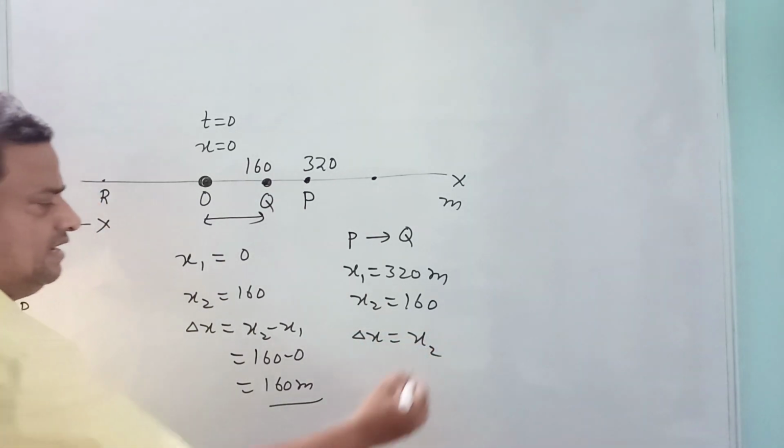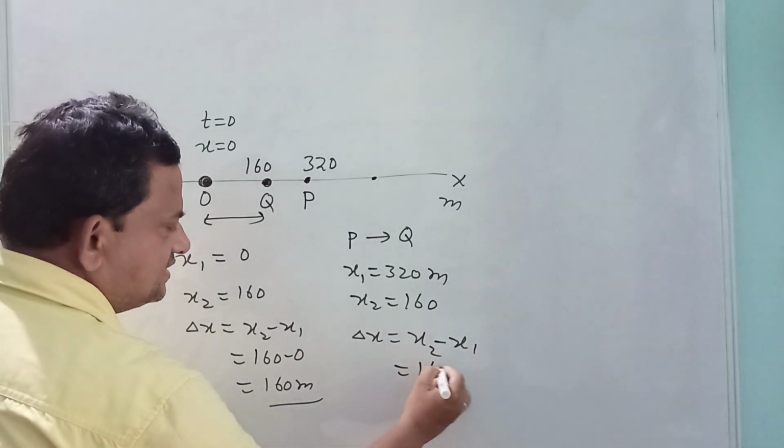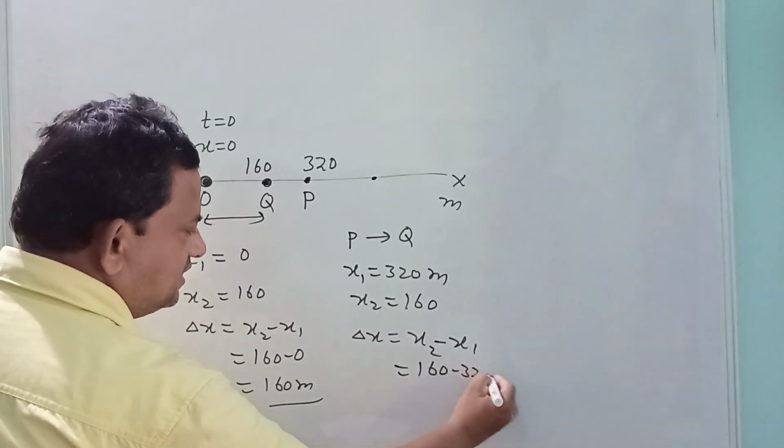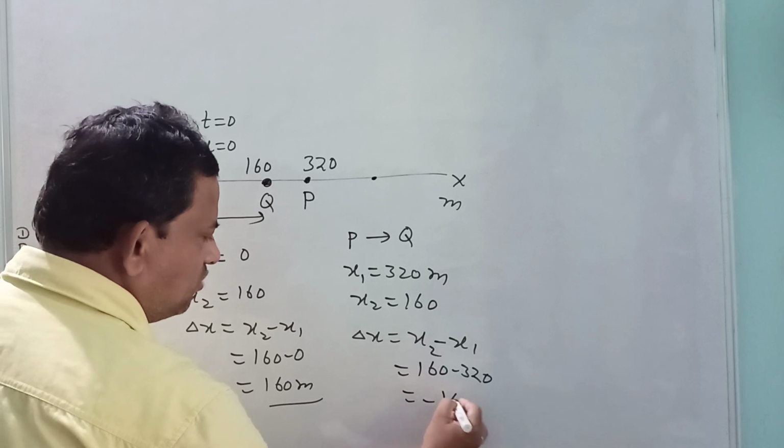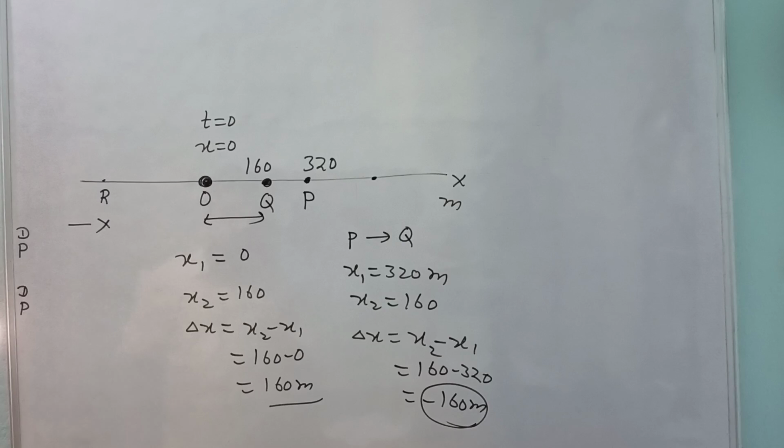That is final minus initial, that is 160 minus 320, that is minus 160 meter. So what does it indicate? Minus 160 meter. 160 meter is the magnitude, but this negative sign indicates direction of displacement.